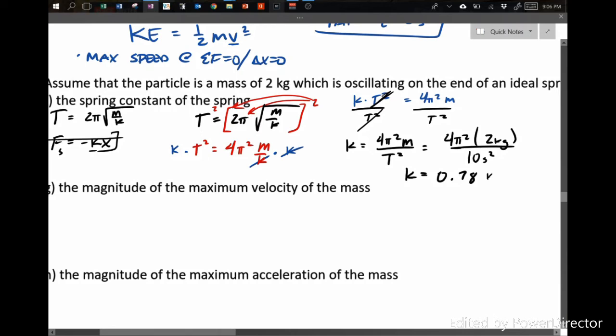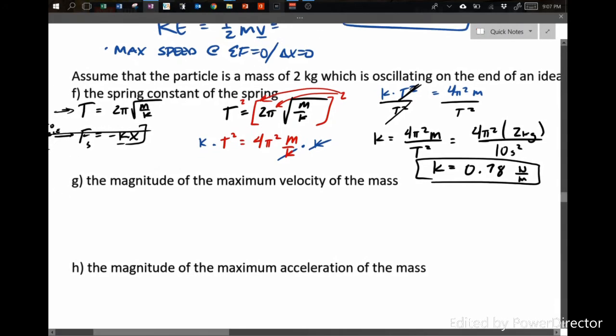Technically that's in kilograms per second squared, but since a newton is a kilogram meter per second squared, that's the same thing as a newton without the meters, so newtons per meter. That's my spring constant.